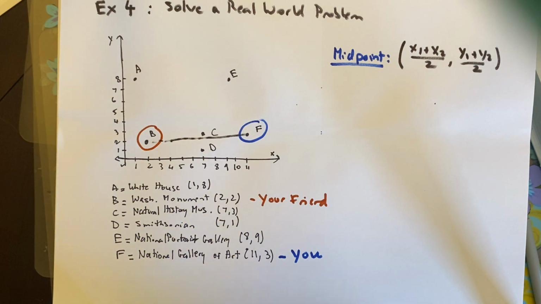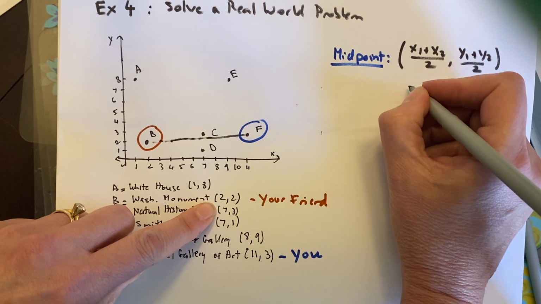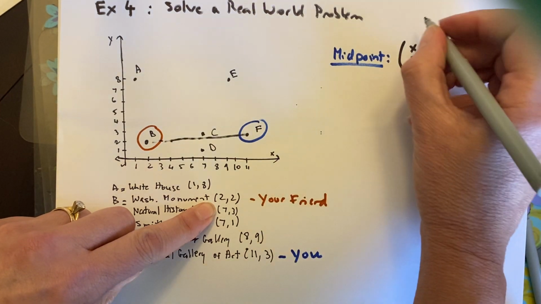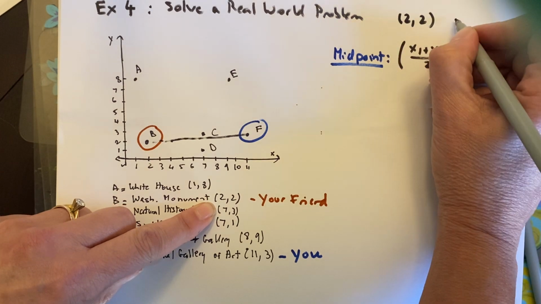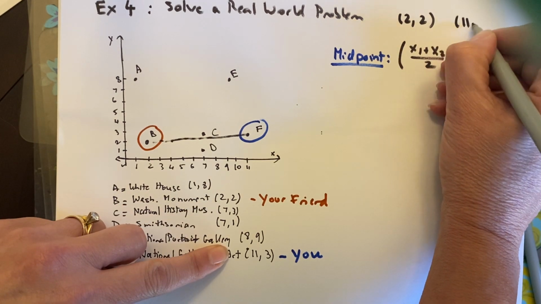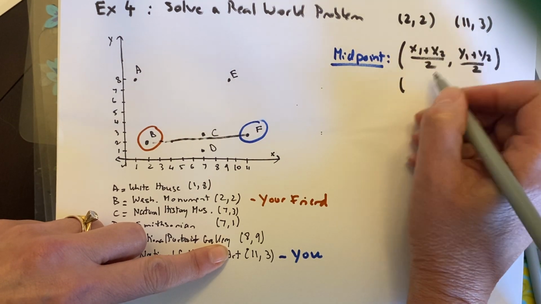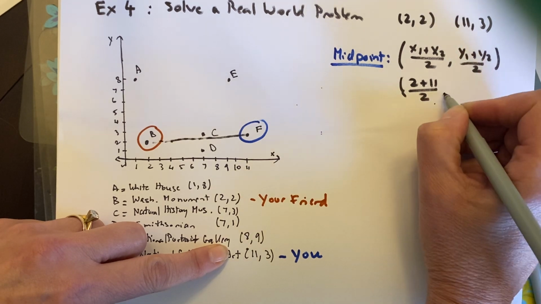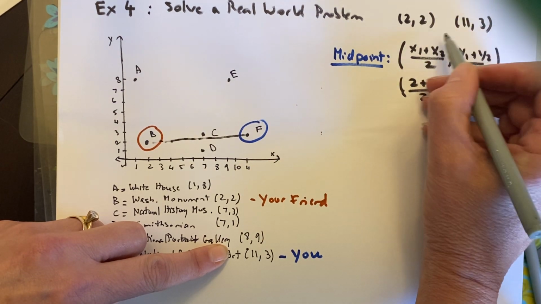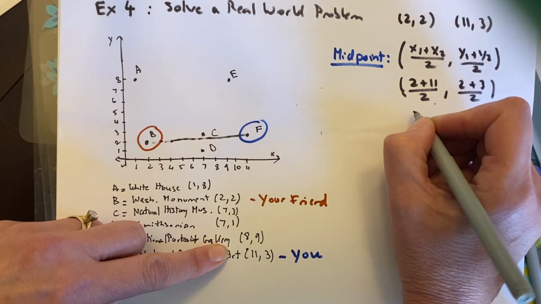Well, if we plug in those values, we're dealing with the points, let's just write them up here, 2, 2, and 11, 3. So x1 plus x2 is 2 plus 11. We divide those by 2. And the y's are 2 plus 3. We divide those by 2.